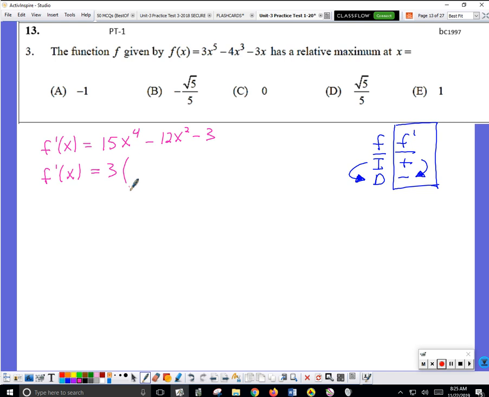This is 5x to the 4 minus 4x squared. Who had their hand raised and knew it? Point to Colby, please.